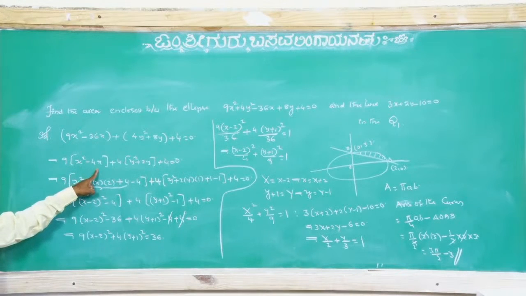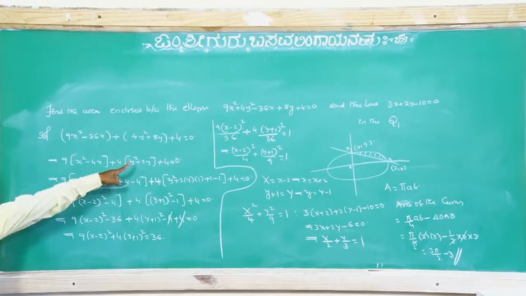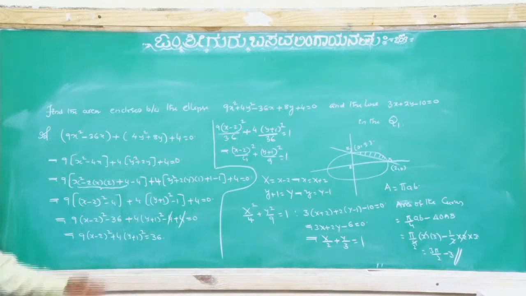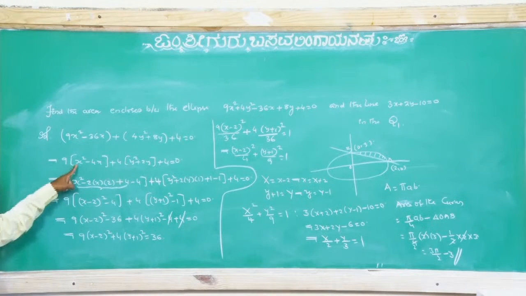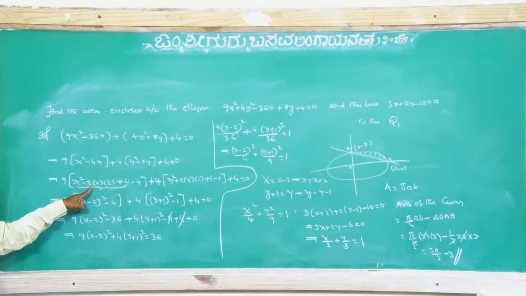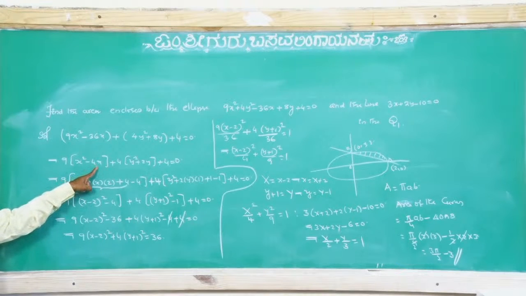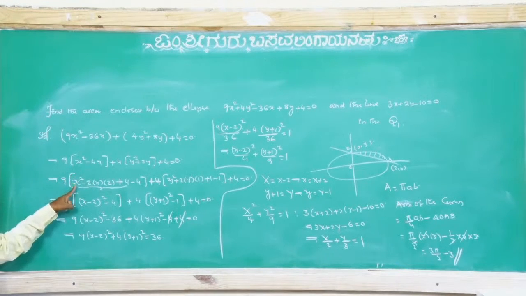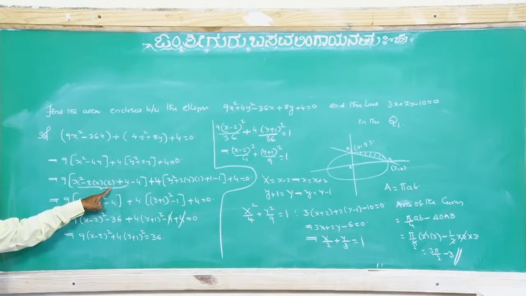If the x coefficient is negative, make the formula (a - b) whole square. If the coefficient is positive, make the formula (a + b) whole square. So 9 into a² - 2ab, where a is x, b is coefficient of x by 2.